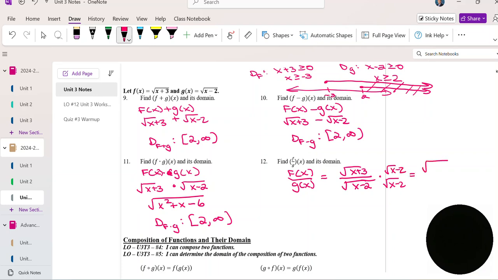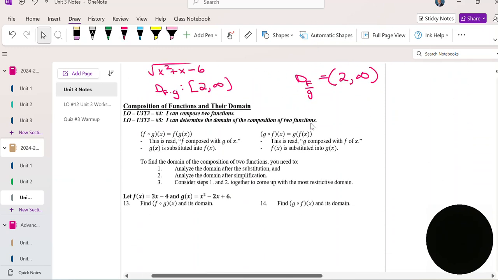So that would be the square root of x squared plus x minus 6 when you FOIL over x minus 2, because remember, when you multiply by the square root, it just removes the square root. So now, the only difference in the domain here is that when you divide, it can't equal 2, because that would make the bottom 0.